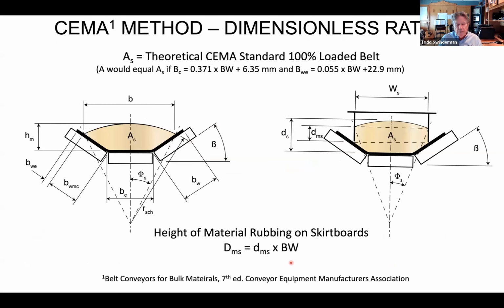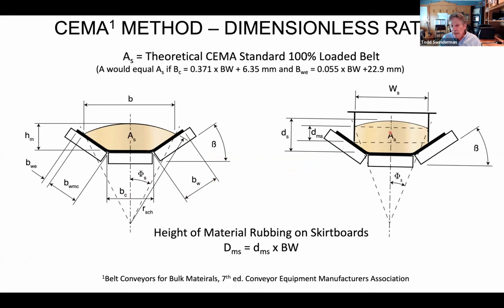In the CEMA manual, you'll see all of this complex geometry, really dimensionless ratios that are used. And this is a key in letting you put in your own dimensions for your center roller, your wing rollers, your belt, your trough angle, all of that. What we're going to do is calculate what's called the standard cross-sectional area.